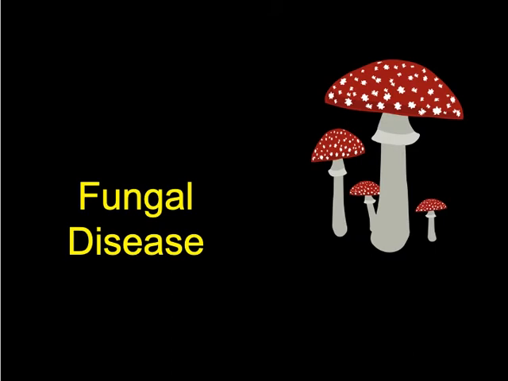This is often seen in immunosuppressed animals, and most of these agents fall into the genera of Aspergillus and Candida. Candida is one that's always present in the body, but in animals that are immunosuppressed can cause a systemic infection.